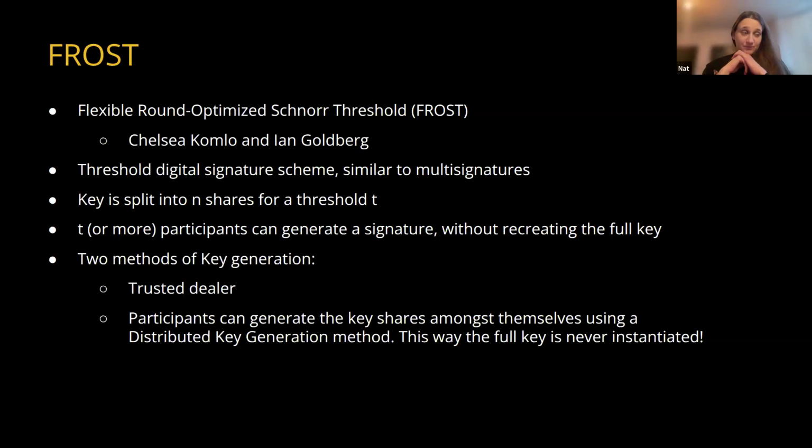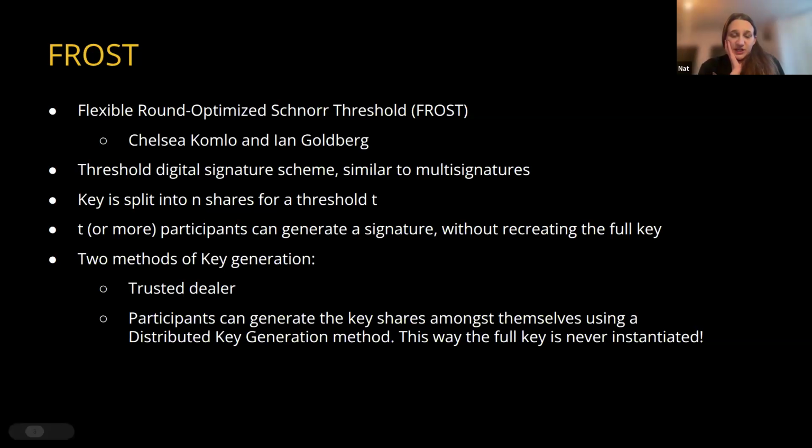So it means that if you've got 8 participants, then you can say, okay, but I only want to make sure that at least 3 of them can, the approval of 3 of them to actually sign something. And so you can generate a signature without having to recreate the full key.